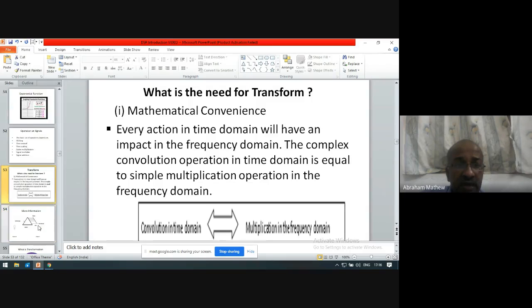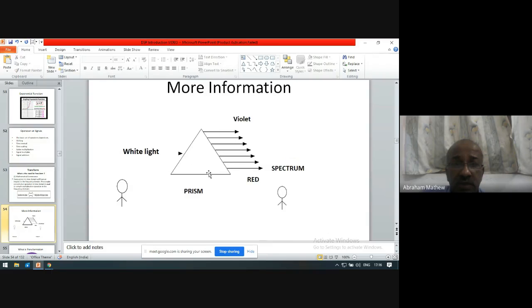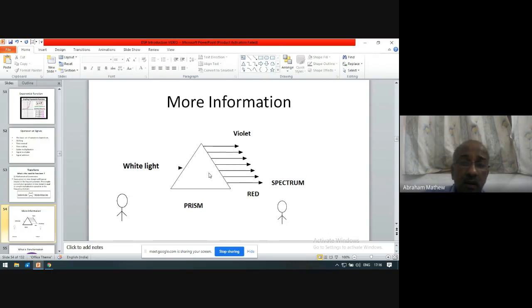Not only mathematical convenience. The second advantage or the second need is that we can get more information from the signal or from the input.